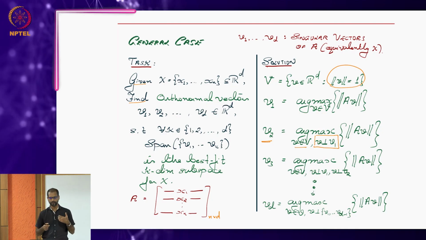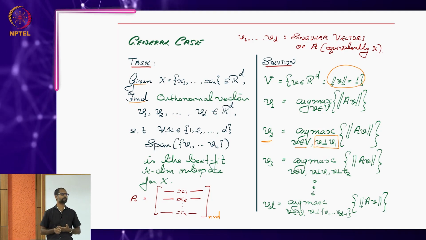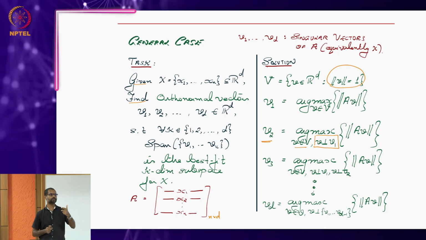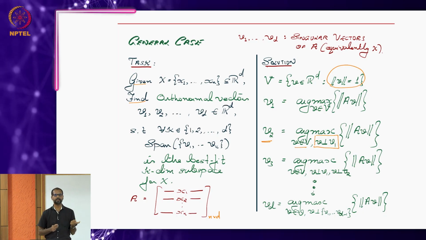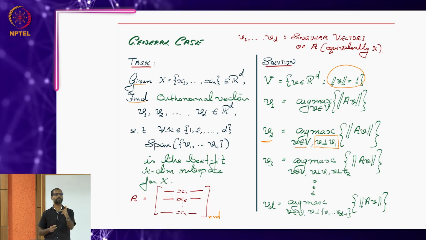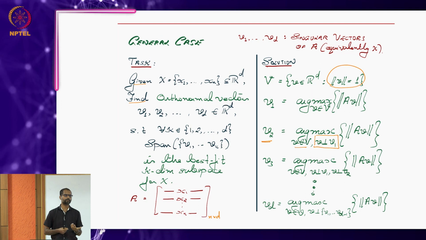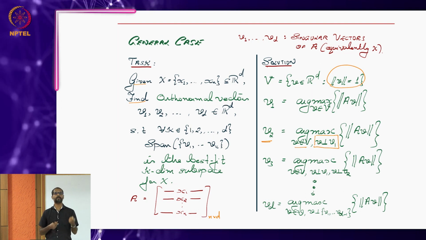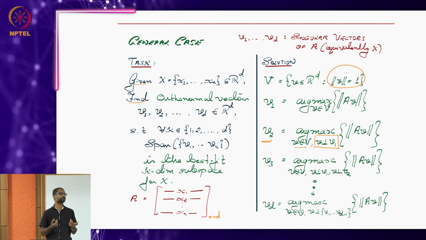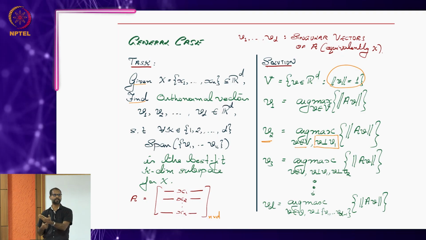Let's imagine when it goes to V3, it's not much of a use imagining it in 3D, because once you fix two orthogonal vectors in a three-dimensional space, the third one is automatic. The first two vectors will span a plane, and if the third one has to be perpendicular to both V1 and V2, it essentially has only two choices, because V1 and V2 already define a plane.